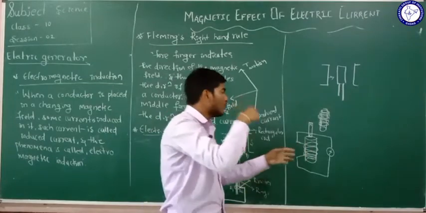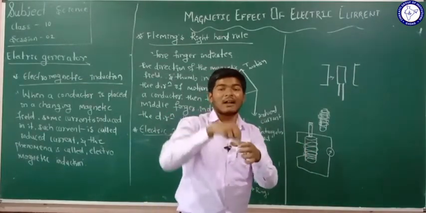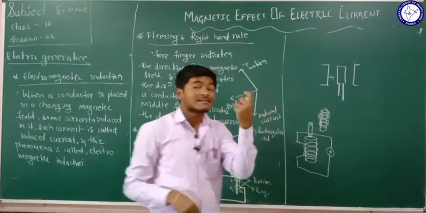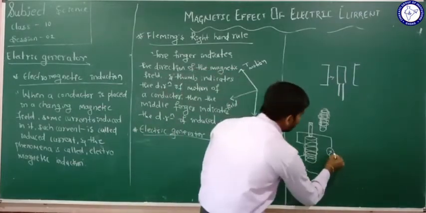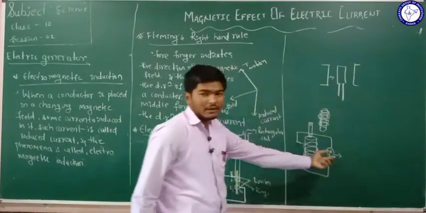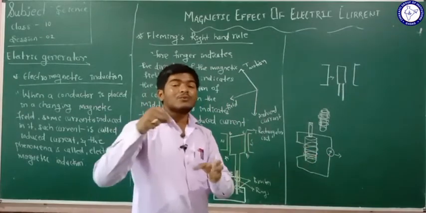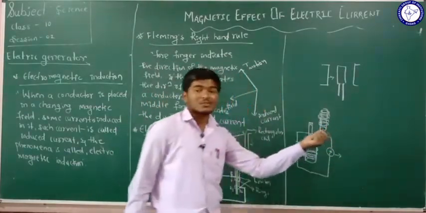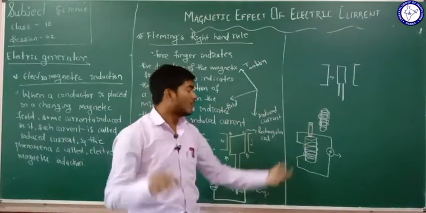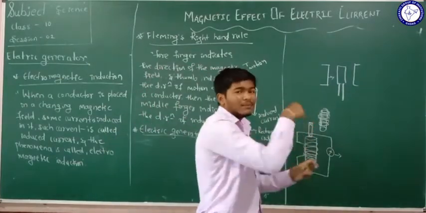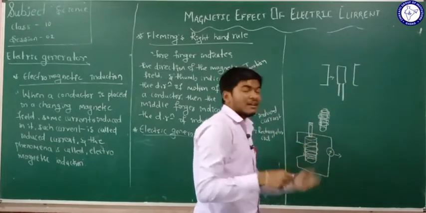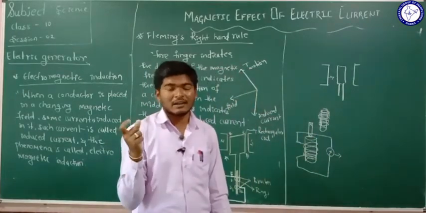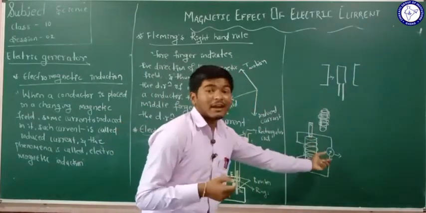You have to move that bar magnet inside and outside continuously and simultaneously observe the change in the ammeter. Before you do that activity, the ammeter will be at rest, showing 0. But when you move the magnet inside this coil, it shows some deflection here. That shows that some current is produced.